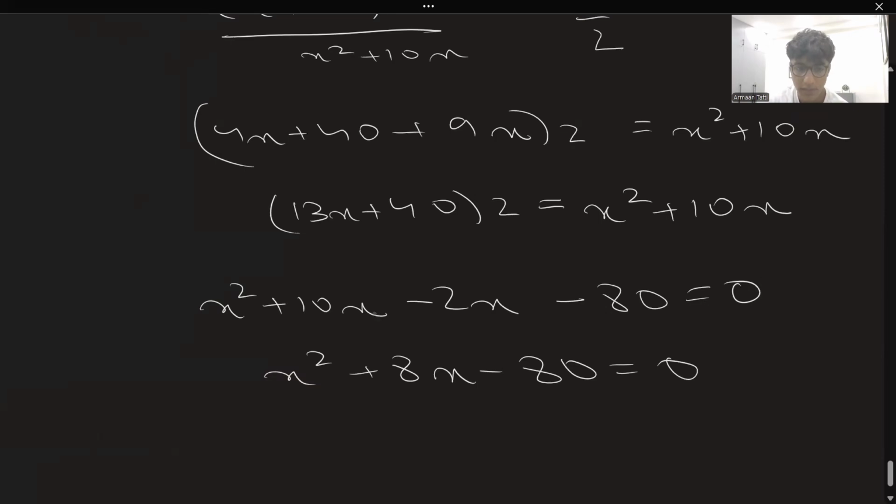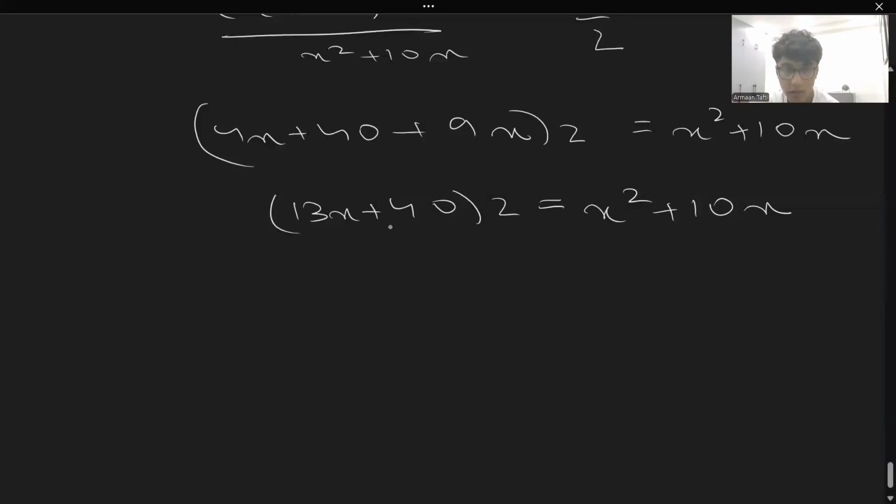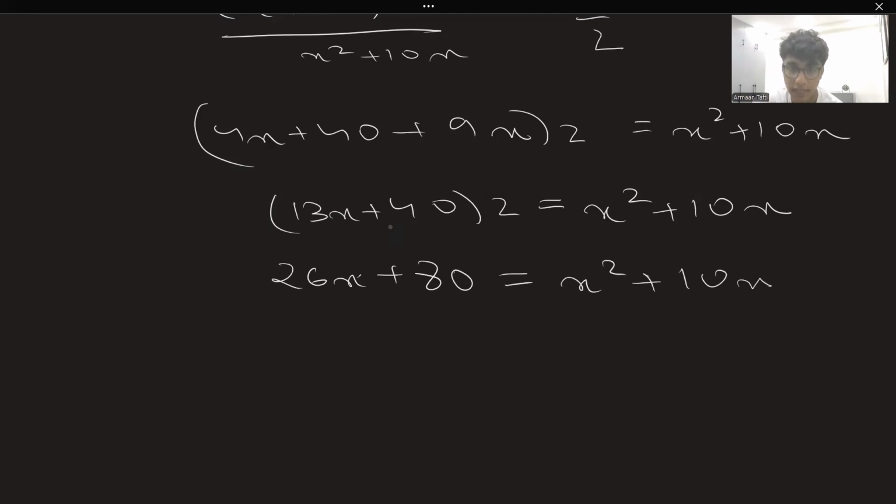So now we can simplify this. So we get 26x plus 80 equals x square plus 10x. So we get x square minus 16x minus 80 equals 0.